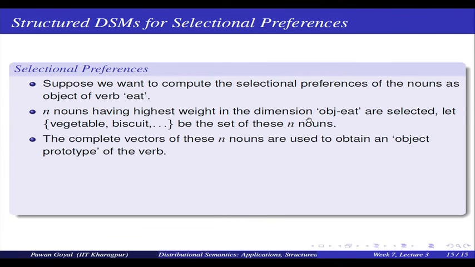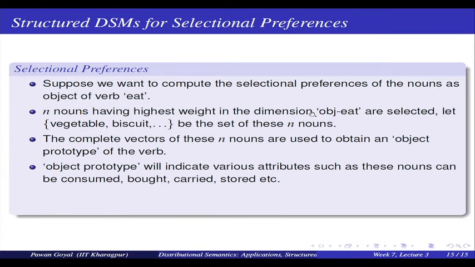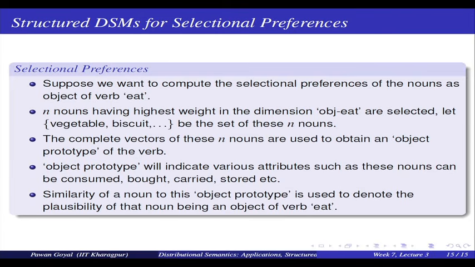Then I take the complete vectors of all these top nouns. So these will be words that can be consumed, bought, carried, stored, etc. Now this becomes my object prototype. Now given any noun, try to match it with this object prototype, and you will see how likely it is to come as an object of the verb eat. And that is a generic method of finding selection preferences of a noun to come as an object or a subject for a verb.